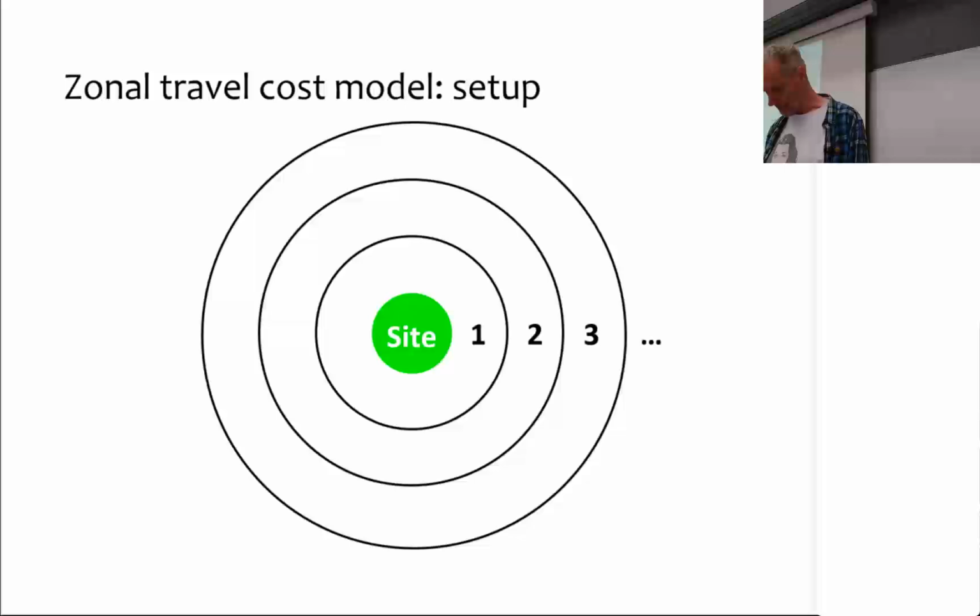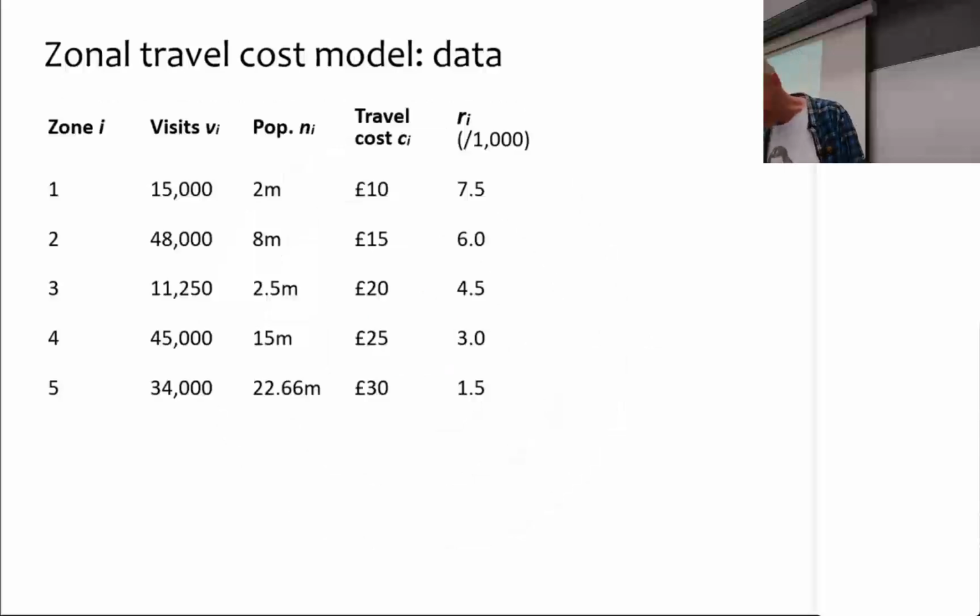Then what you can do is something like this. This is a hypothetical example, absolutely. So we are interested in this park. In zone 1, 2 million people live, right? So the concentric circles were a good bit bigger than I suggested on the previous slide.